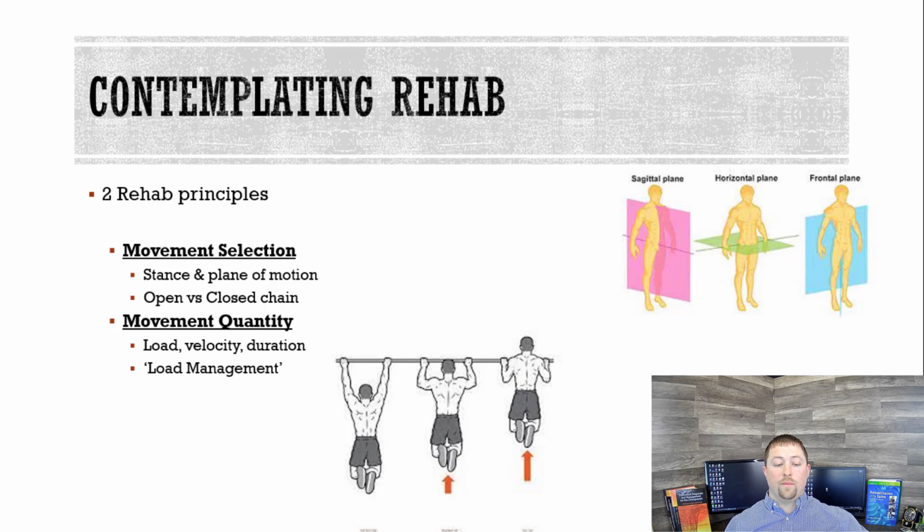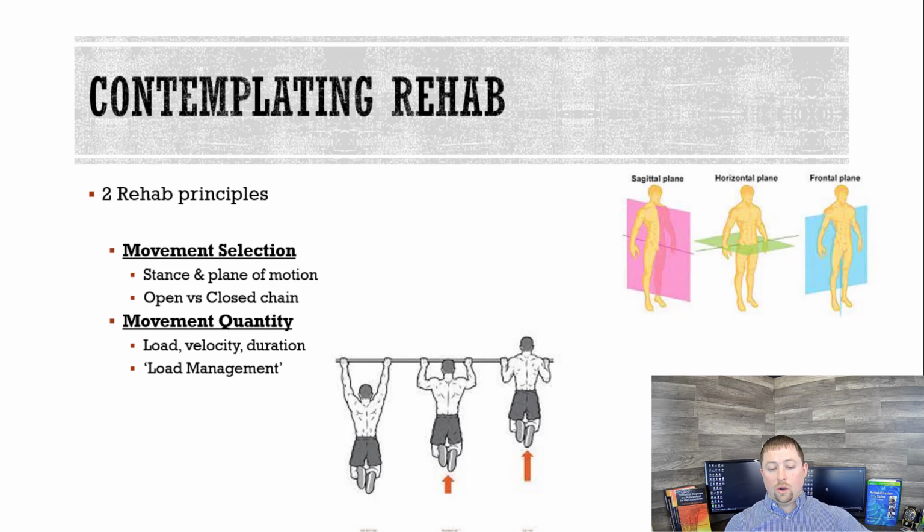Another thing for movement selection would be an open chain versus a closed chain exercise. We'll talk more about that in the next video. But then the other rehab principle I like to think about is movement quantity, collectively called load management. Things like the load being the intensity of your 1 rep max. So are we lifting at 90% of your 1 rep max, or are we lifting at 20%?